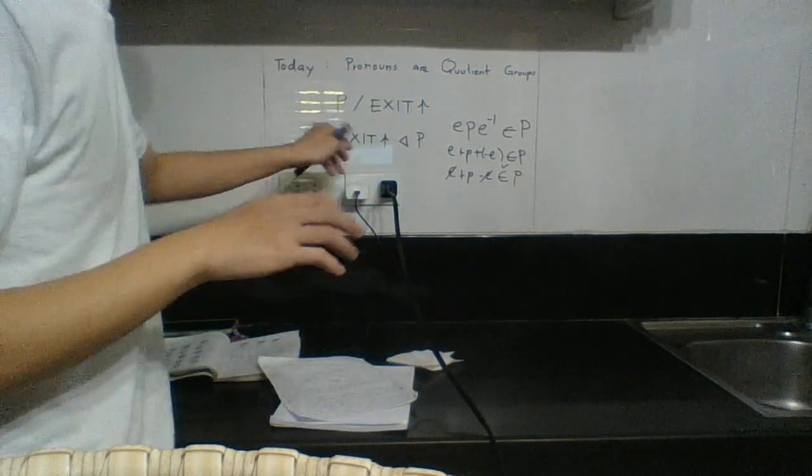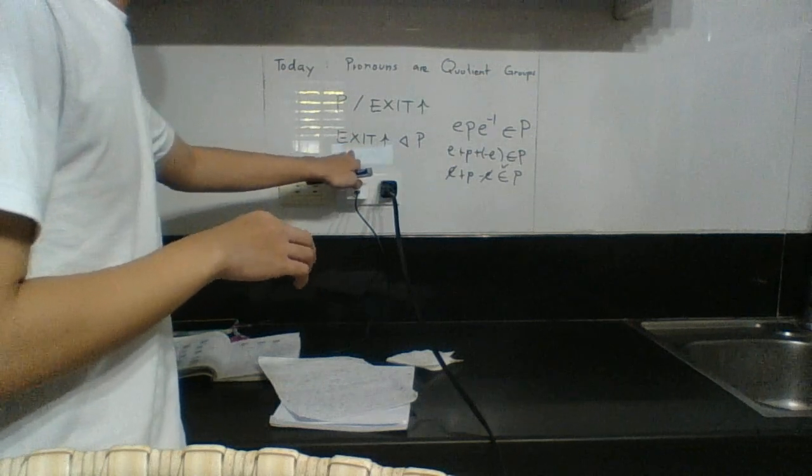That's what I'm going to focus on here, because I don't want to complicate the lecture further. Let's keep it simple and say exit up arrow is a singleton set.